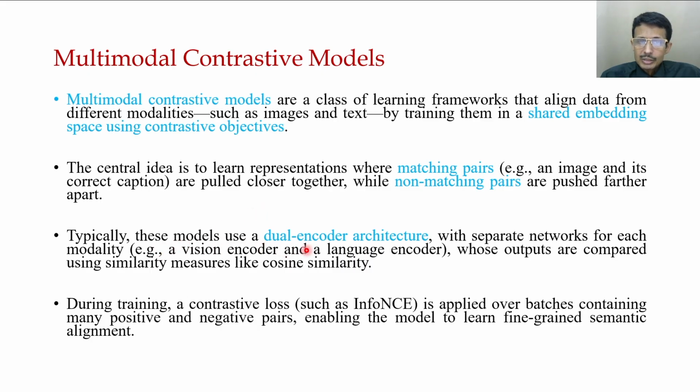So that's why typically this model uses a dual encoder architecture with a separate network for each modality, a vision encoder and a language encoder. The outputs are compared with a similarity measure like cosine similarity, and this is placed in the shared space. And how is it placed in this shared embedding space? Based on their semantic alignment.